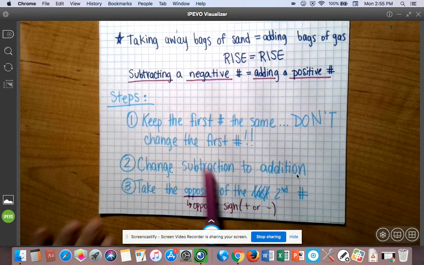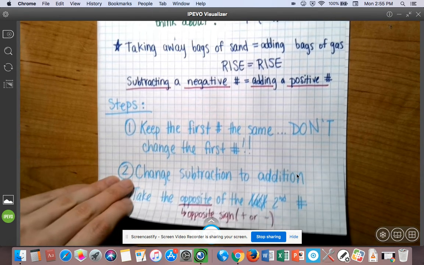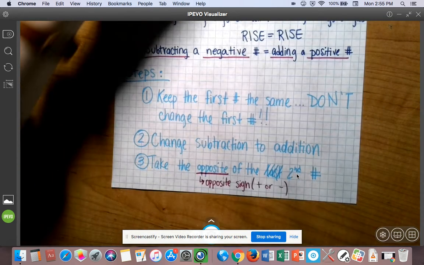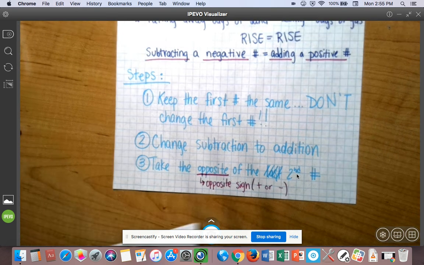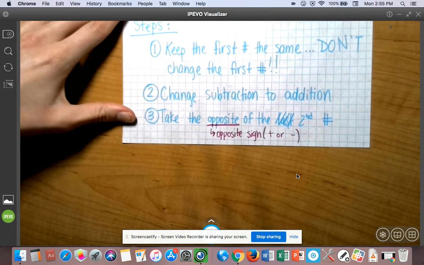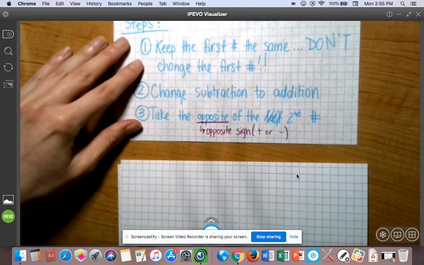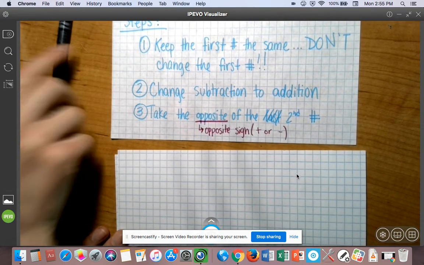So again, steps: keep the first number the same, you don't change the first number, change subtraction to addition, and you take the opposite of that second number. Let me move some of this stuff and try to keep this in frame here, as I do the next question, or our first example.